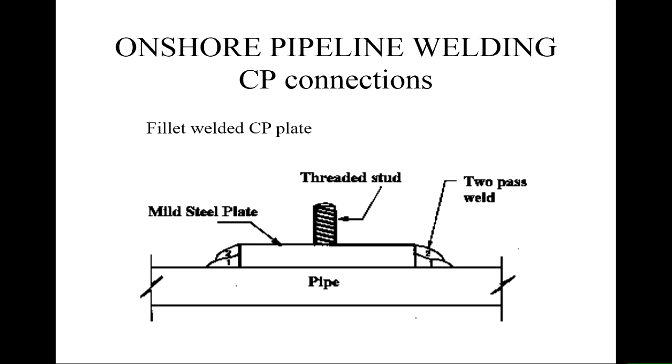This is like an attachment weld, and sometimes there are problems with lamellar tearing in some of the older steel, so you need to be a bit careful about that. But it's a very good way of doing it. If you weld it onto a plate with a large area weld, you don't have the problems of the defects that you will get on a small area around the thread.